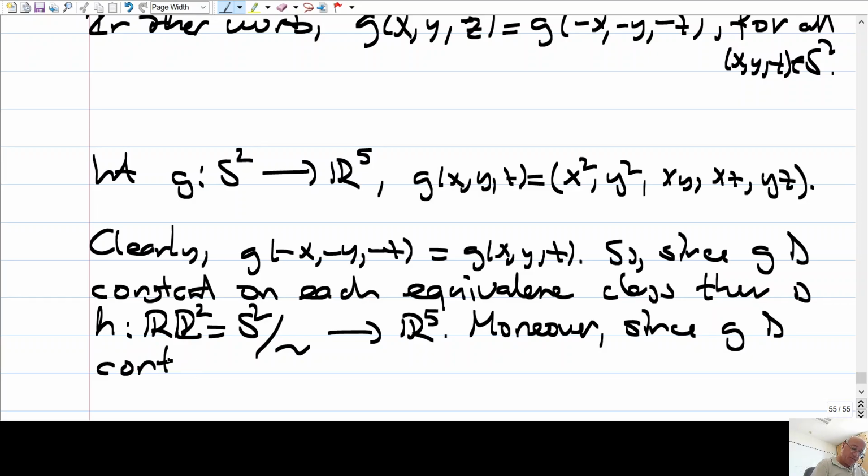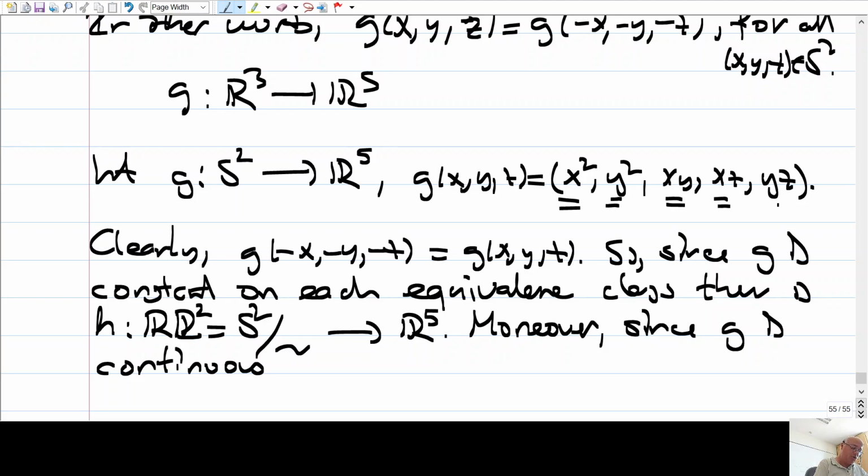Well, you see, G as a function from R3, I may consider this function from R3 to R5. Its coordinate functions are all continuous, right? Therefore, G is continuous. And this G is nothing but the restriction of this function to its subspace, which is S2. Therefore, this function is also continuous.